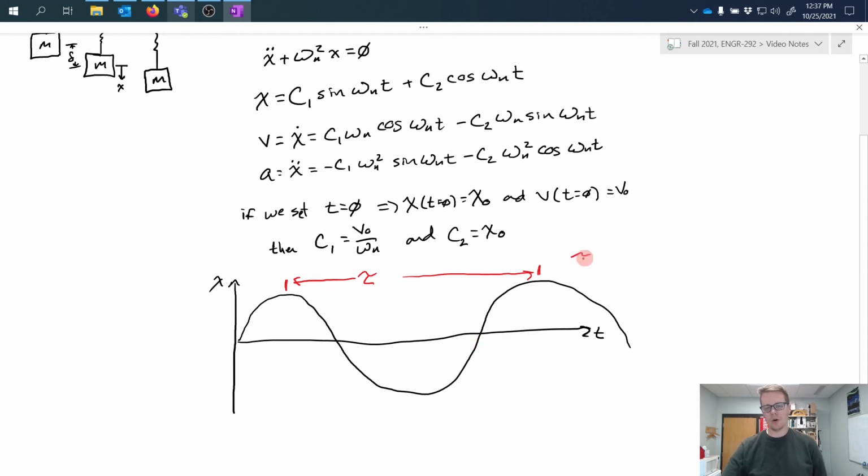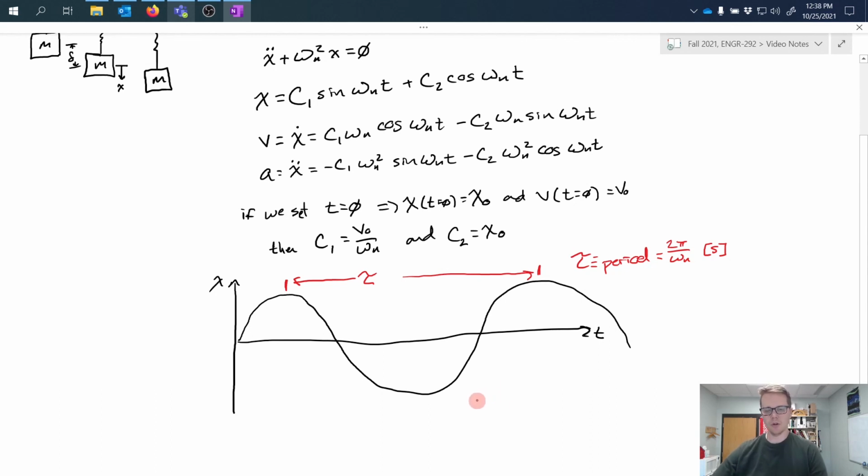So this tau is defined as the period of the oscillation, and it's also equal to 2 pi over omega n, if omega n is the natural frequency in radians per second. Of course, it's going to have units of seconds, which is the time that we measure.